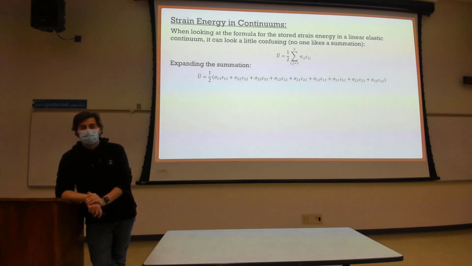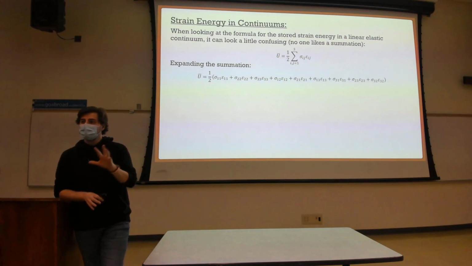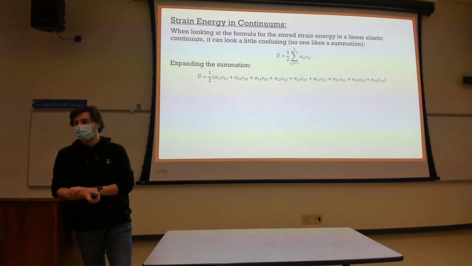No, because this even right here can be simplified. It has 9 components right now. Think to our Cauchy stress tensor. Our stress tensor has 9 components. But how many different components are there? 6. Why? Symmetric.